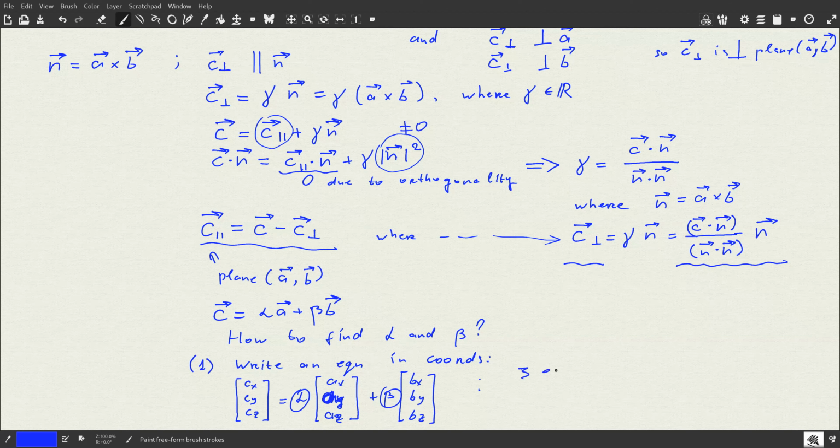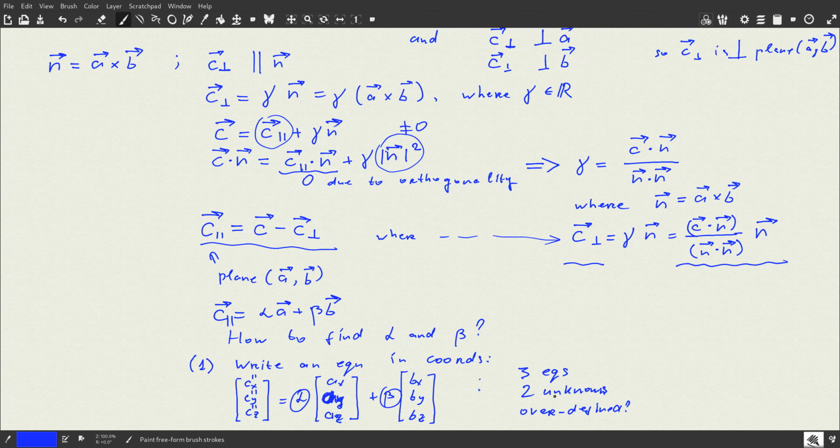So we have three equations, two unknowns, which means that the system is over-determined. But we know that it is not over-determined because, sorry, this is for C parallel, not for C itself.